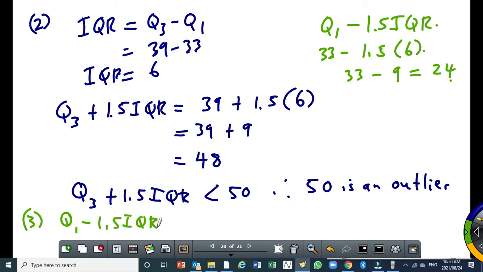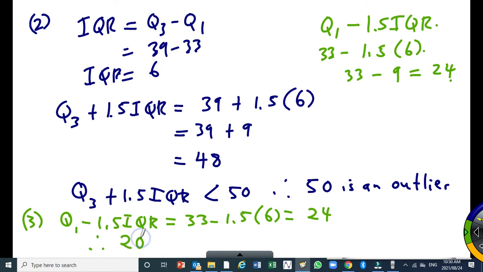The answer will be yes. Then we give the reason. Q1 is equal to 33 minus 1,5 times 6, and that will give us 24. So any value which is less than 24 is going to be an outlier. Therefore, 20 is also an outlier.